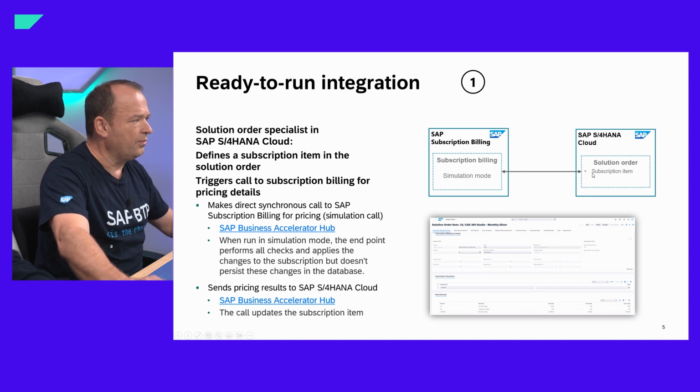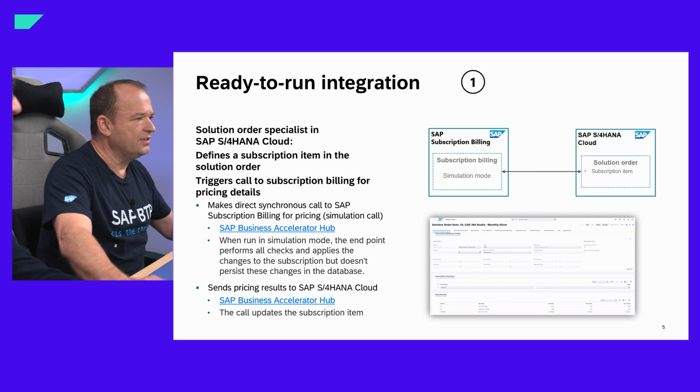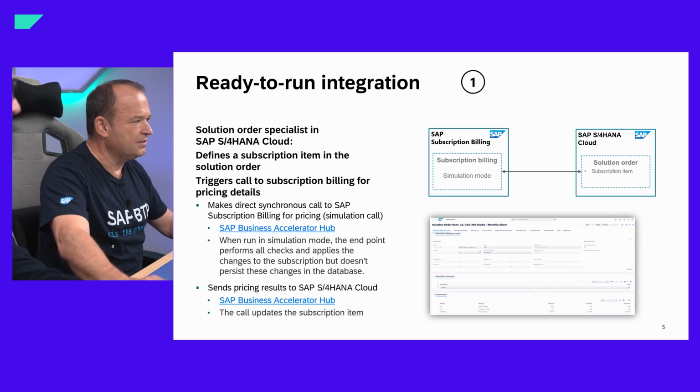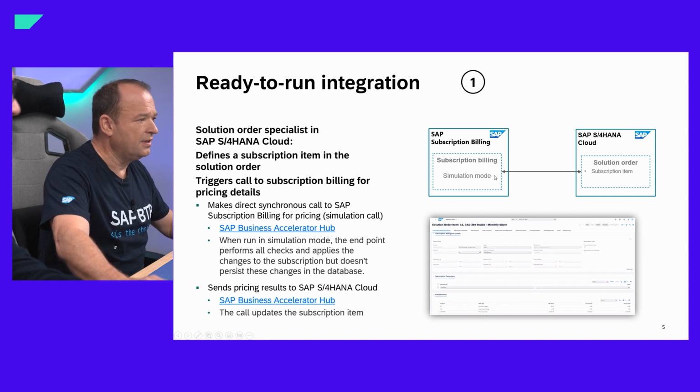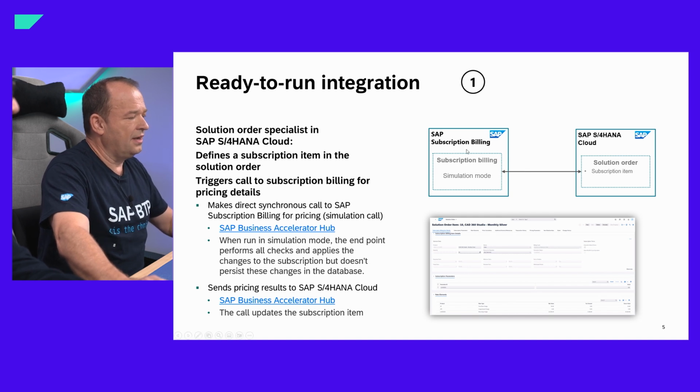And for this one, we have a direct synchronous call from the solution order to subscription billing to get all the latest pricing information. And we don't want to have all these things already in a persistent way. Therefore, it's always a simulation call. So we call it in simulation mode and try to get all the latest activities and use and rate plans and all this stuff from subscription billing.